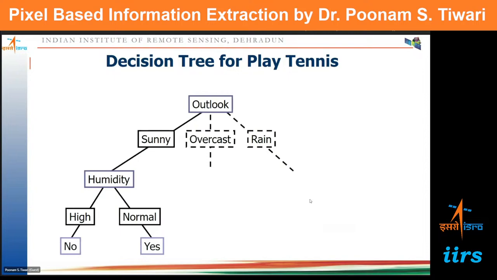That also you can check. Or what are the chances of rain? That also you can check, by which you can decide whether you want to play or not. Then if it is sunny, then next would be whether the humidity is high or normal. If the humidity is normal, then you can go out to play. So this is how we take decisions in our day-to-day life.